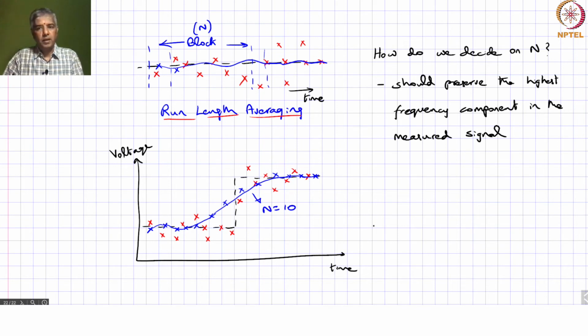So you say, okay, n equal to 10 may not be a very good value because it doesn't represent this transition very well. So what do you do? Maybe I can do n equal to 3 or 4, let's say n equal to 4. Then you might get some value like this, like this, like this.